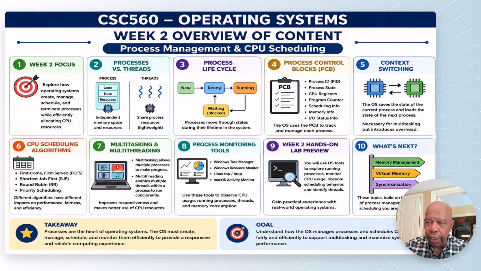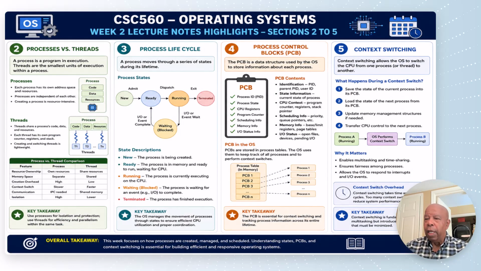So let's take a look at processes versus threads. A process is a program in execution. Threads are the smallest unit of execution within a process. If you look at a process, you have the process code, the data, and the resources, all in its own address space.